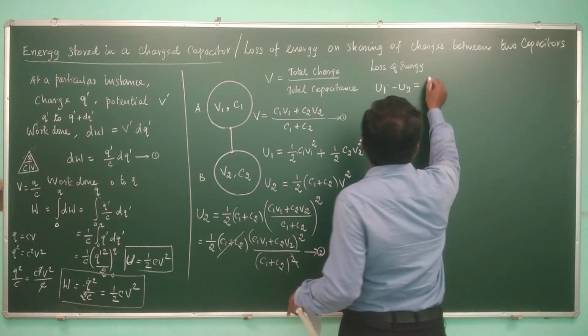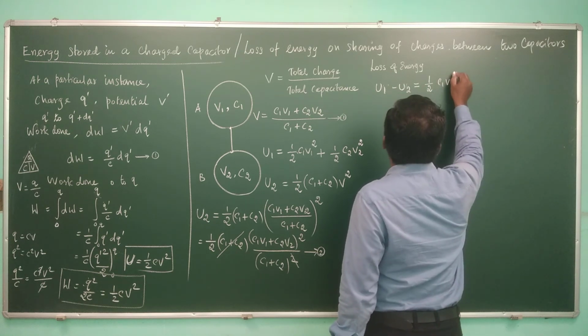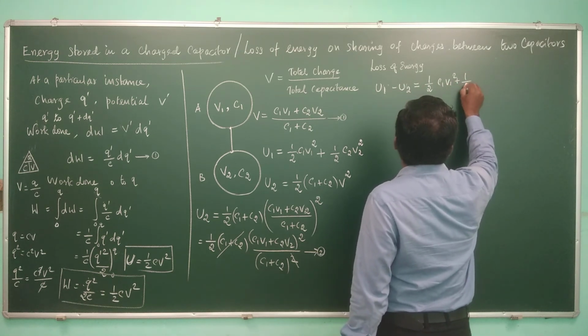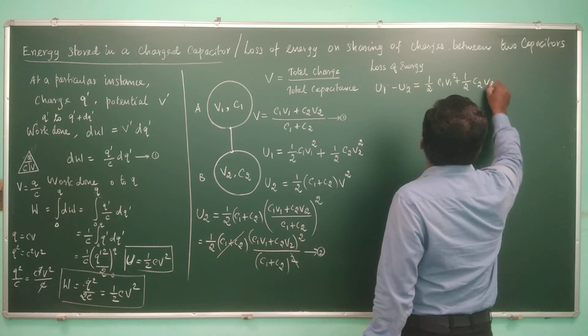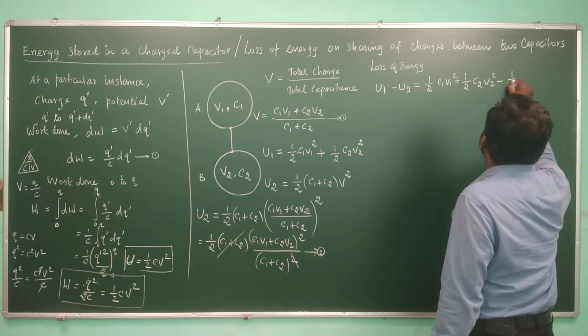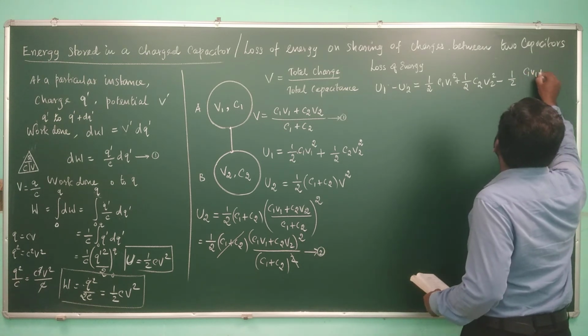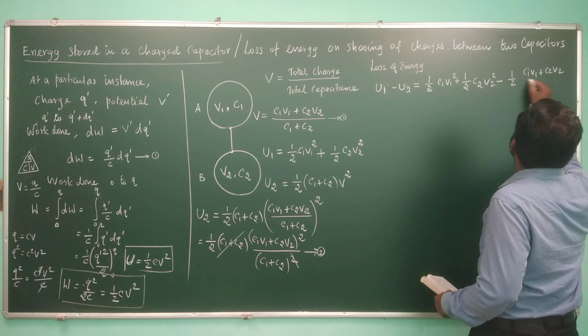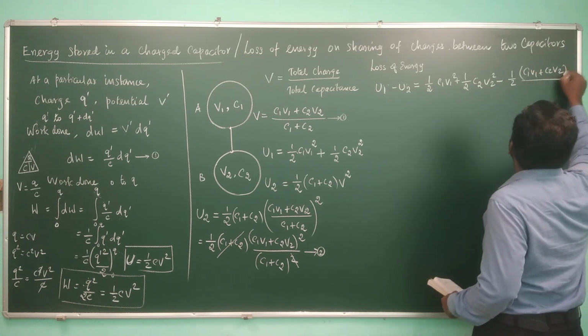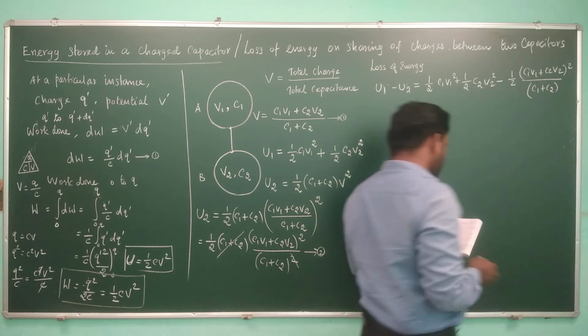U1 is 1 by 2 C1 V1 square plus 1 by 2 C2 V2 square minus 1 by 2 C1 V1 plus C2 V2 whole square by C1 plus C2.